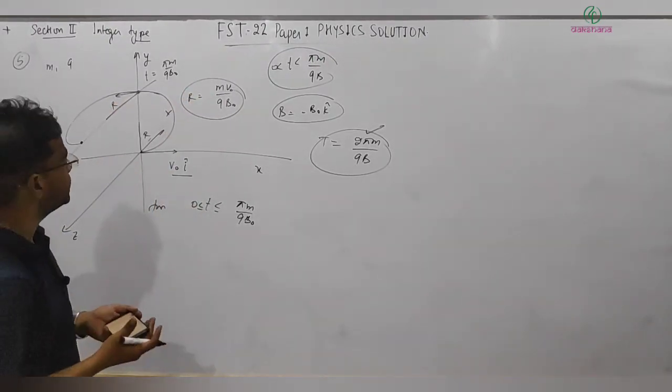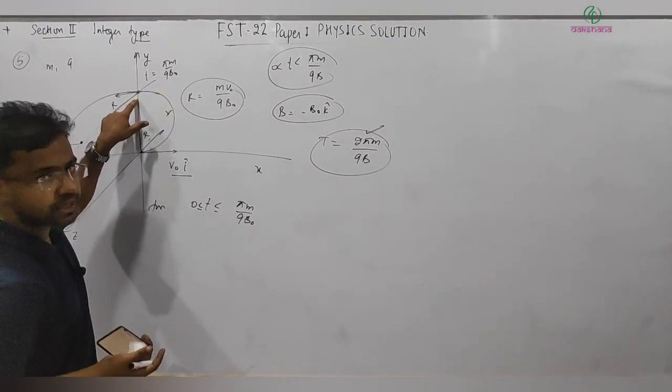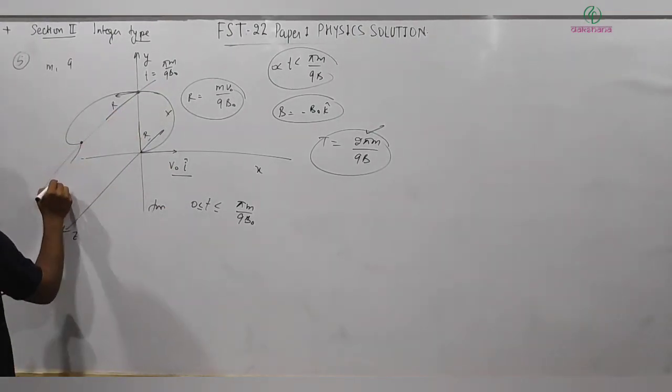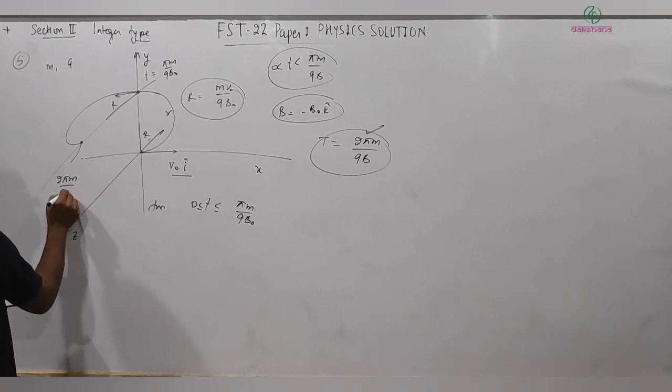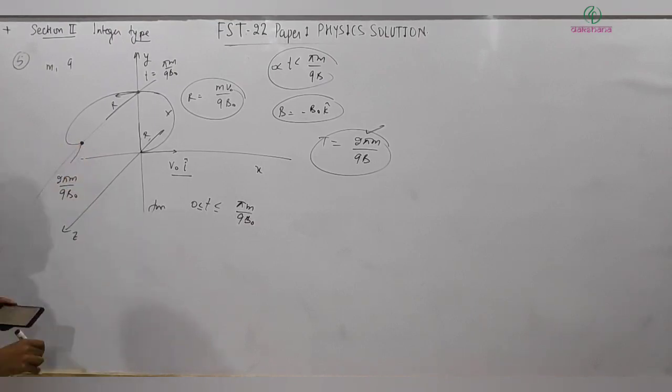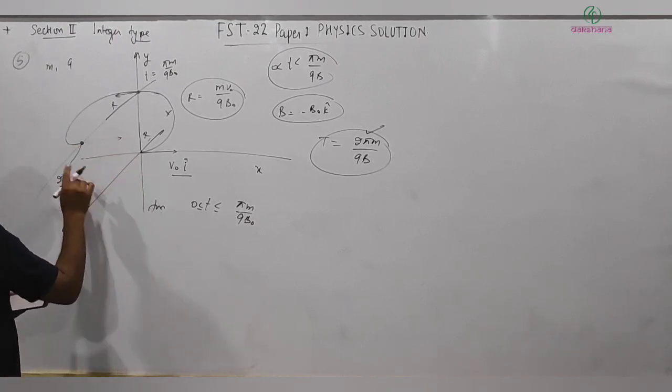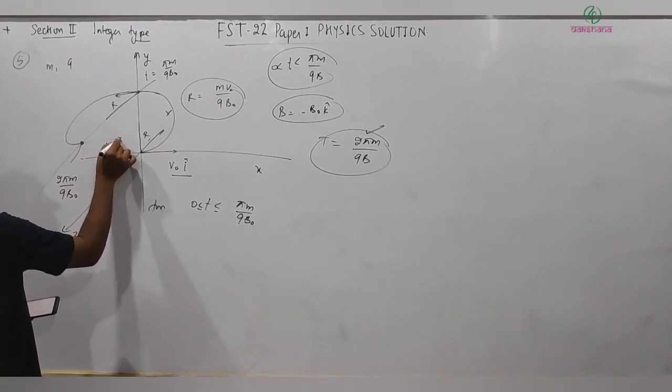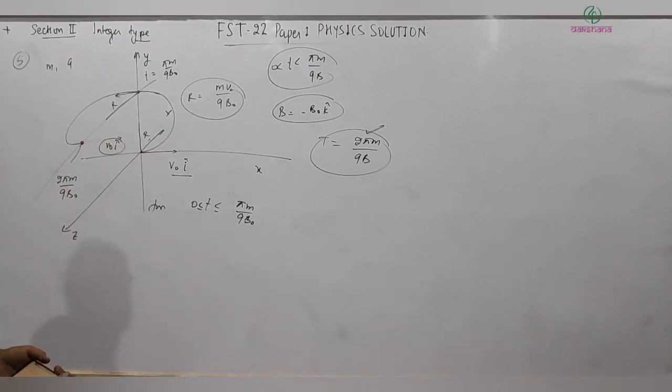So first thing is, at time 2 pi m by q b naught, the particle will be here, and its velocity will be again v naught i cap. Correct?